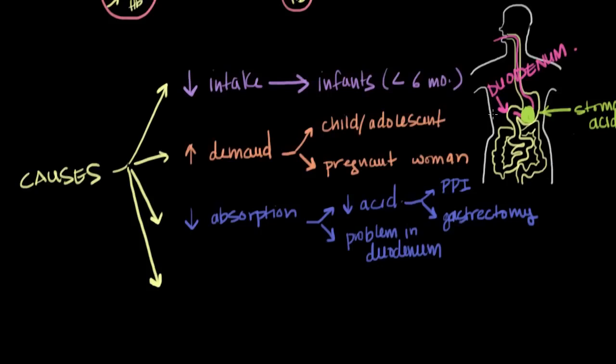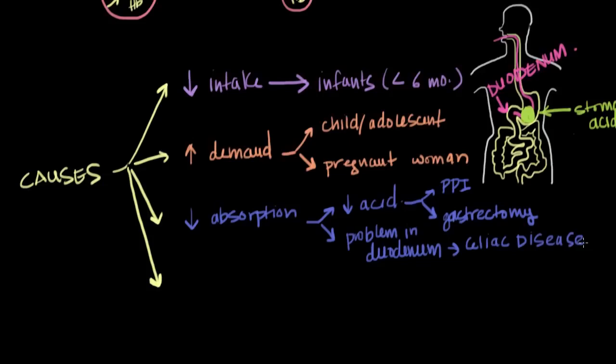The second cause occurs with some dysfunction in the duodenum or some problem in the duodenum. And really you see this in patients who have celiac disease. And celiac disease refers to patients who have an intolerance of gluten. So gluten is something that's found in different foods in your diet. It's found in wheat, barley, rye, and other types of similar food.